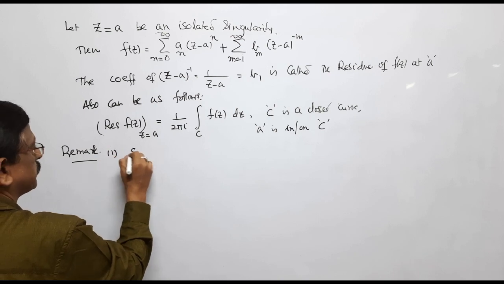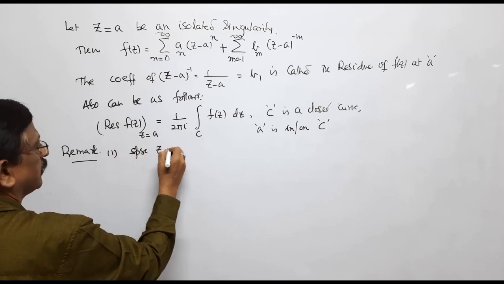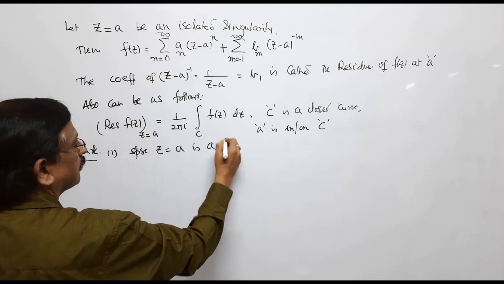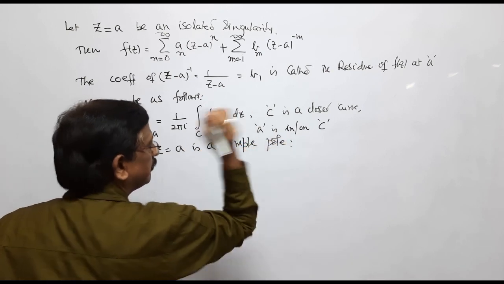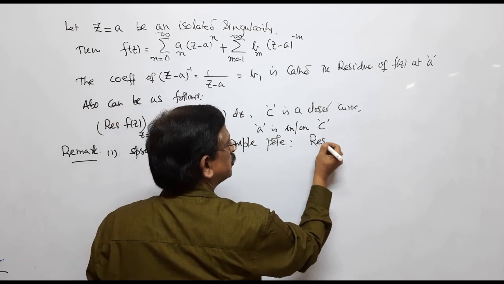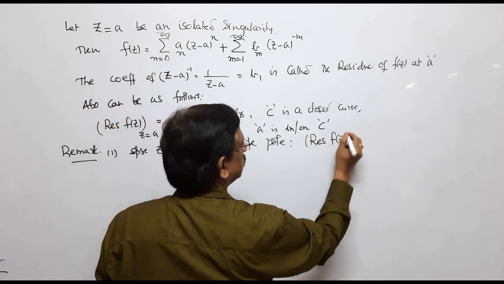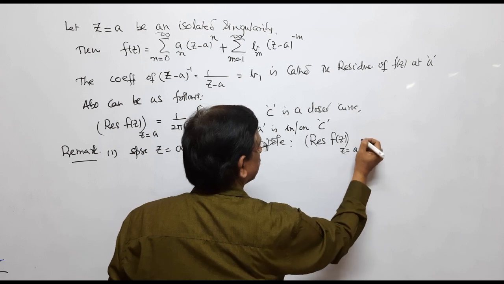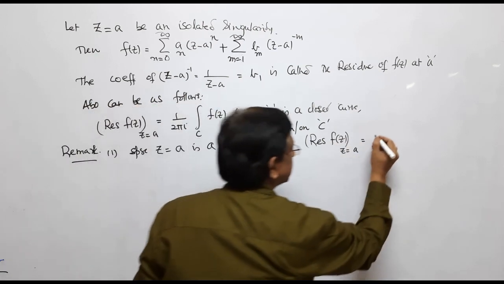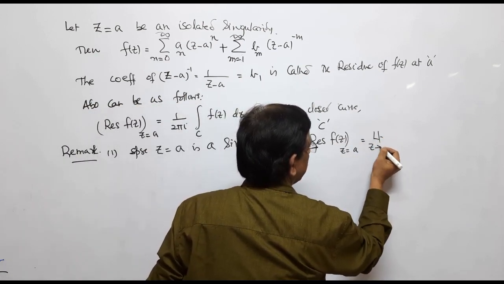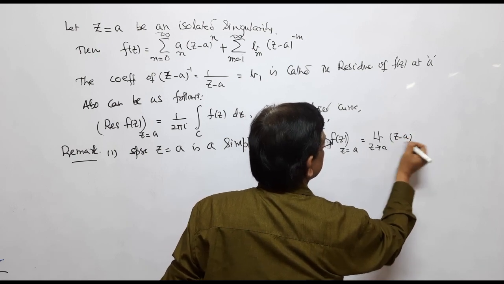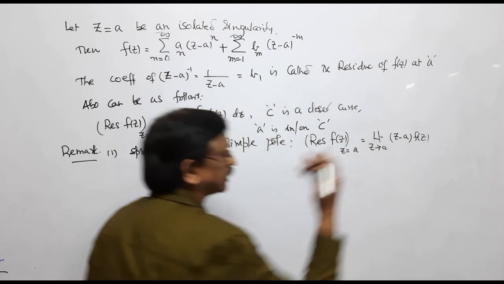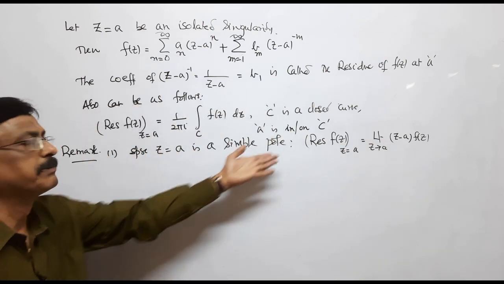Remark 1: suppose z = a is a simple pole, then I can evaluate the residue of f(z) at z = a as the limit z tending to a of (z − a) f(z). Simply evaluate that limit. That will be the residue.